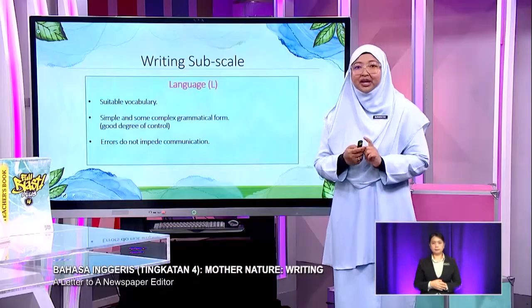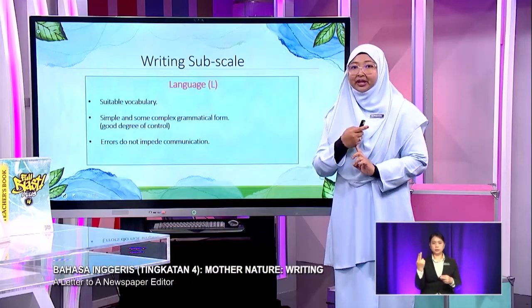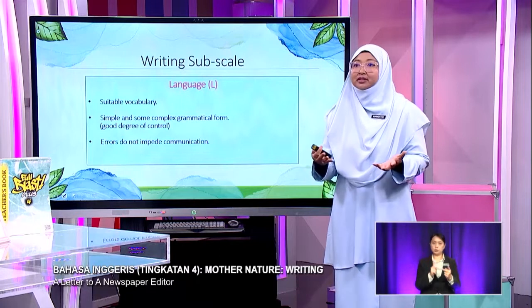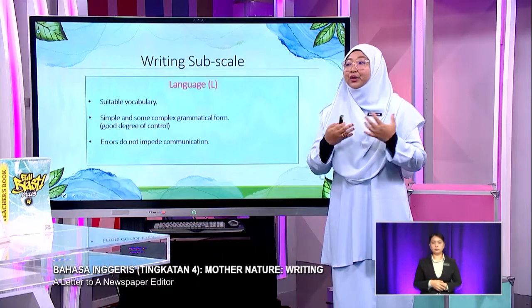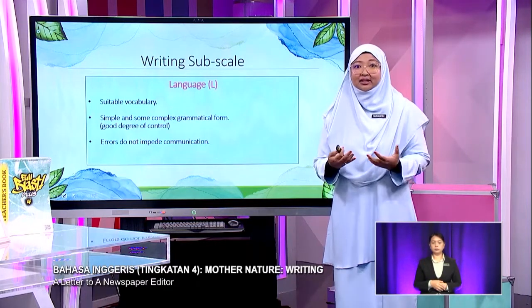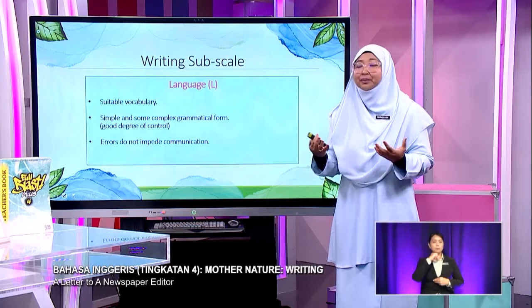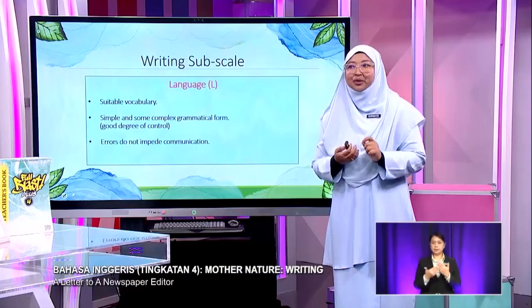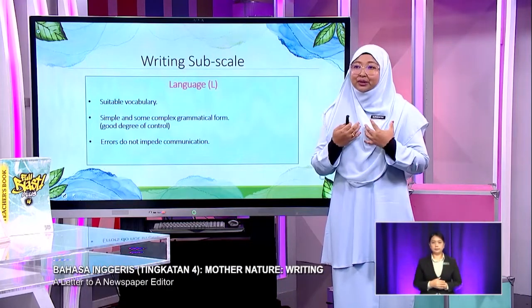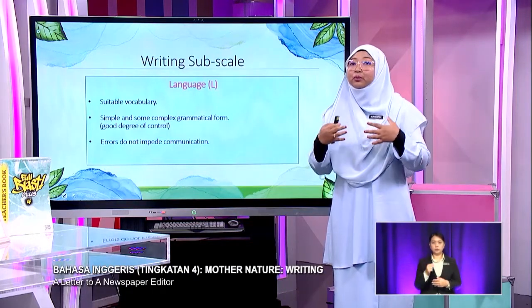Okay, and the last one is language. Make sure that you use suitable vocabulary. When we are talking about Mother Nature, for instance, we need to use proper words like pollution, green, recycle. If we are talking about Mother Nature but use words like birthday cake and party, it's improper, right? The second one, simple and some complex grammatical forms. We need to have a good degree of control when we write.